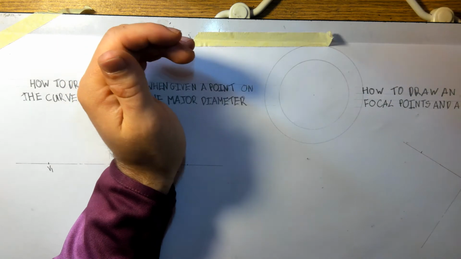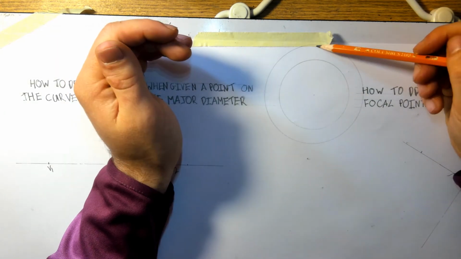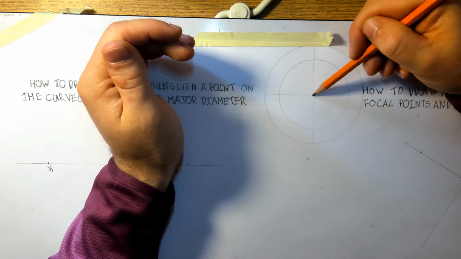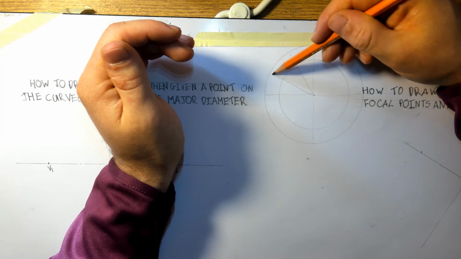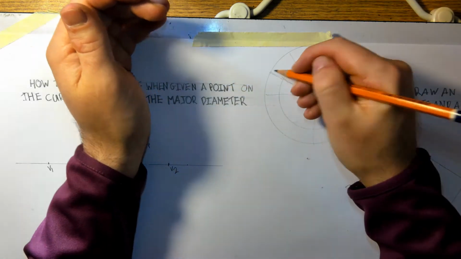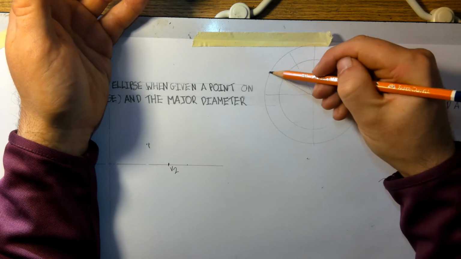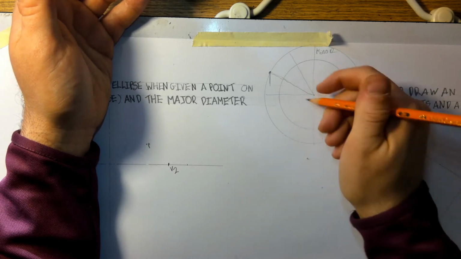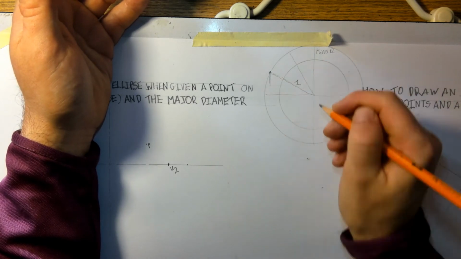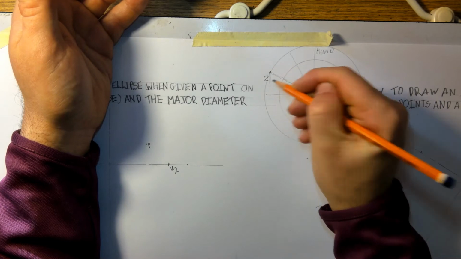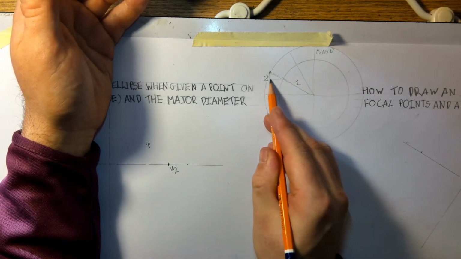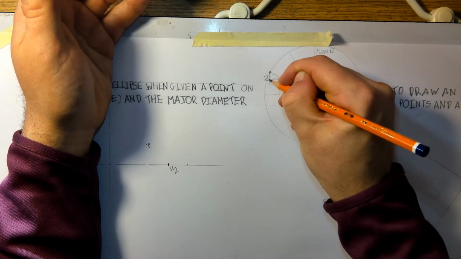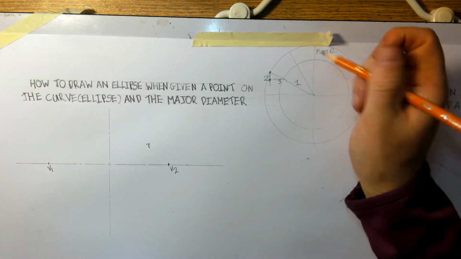In the concentric circles method, we know we divide it up into 60-30, so just do a quadrant. We divide it up into 60-30, and where it hits the big circle, the major circle, we go parallel to the minor axis. So the divisions are line number 1, then this is line number 2, and where the division line hits the minor circle, we go parallel to the major, that's line number 3, and they intersect at a point on the ellipse.